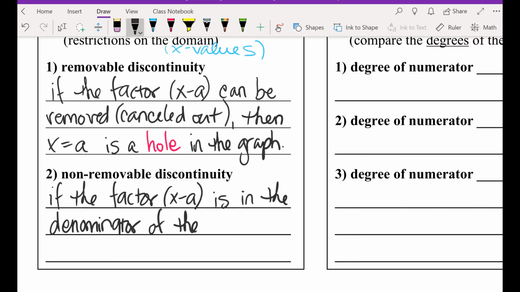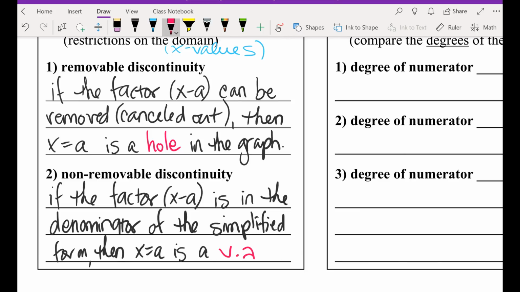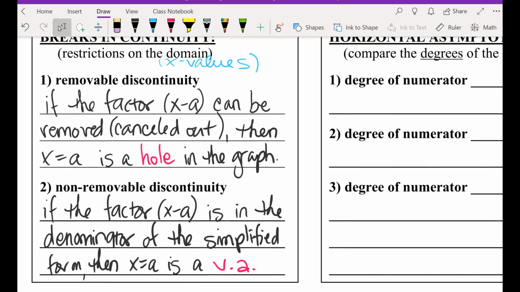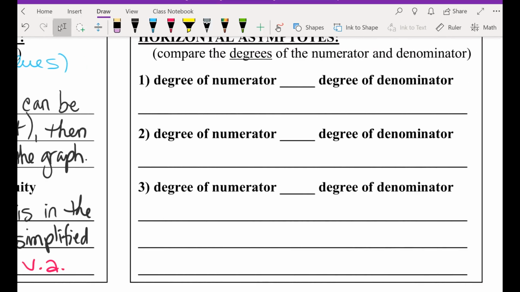So we've already simplified and there's still a factor in the denominator of the simplified form. Okay, then x equals a is a vertical asymptote, and I'm going to go ahead and use VA, vertical asymptote. This we saw with the reciprocal function. Okay, so two types of restrictions on the domain, removable and non-removable. One we've seen, one we haven't, but you'll see both today.